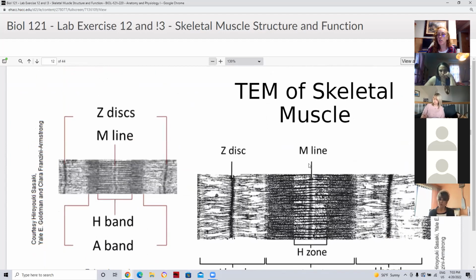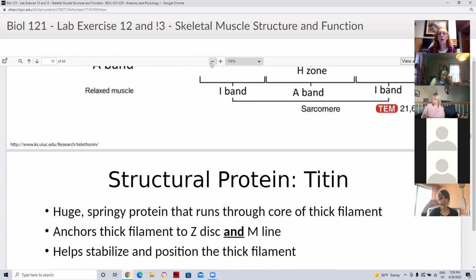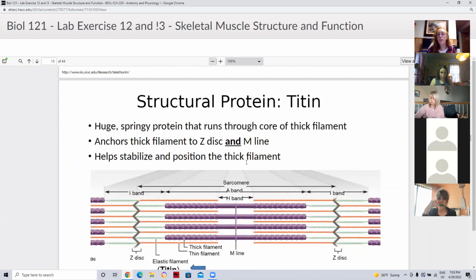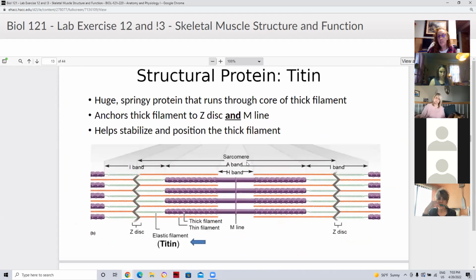Showing these, just the depiction of the I bands and the A bands and the H zone and the M lines and the Z discs. The titin is this huge, strong, springy protein that runs through the core of the thick filament, anchoring the thick filament to the Z disc and the M line.